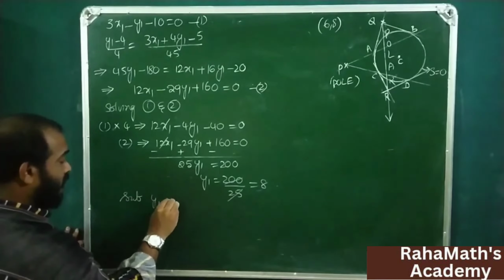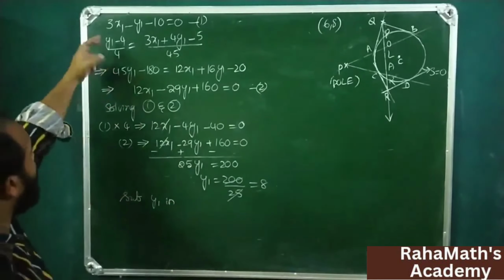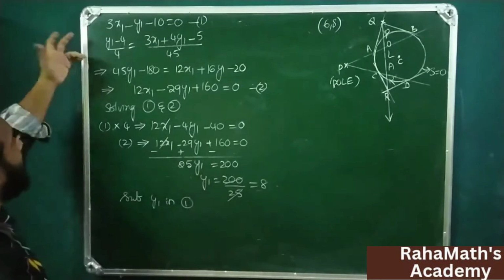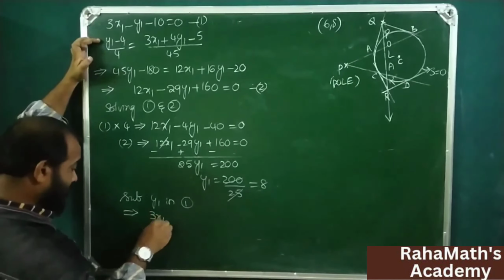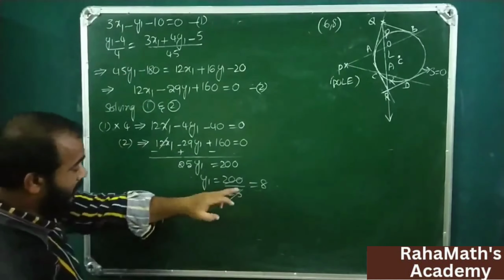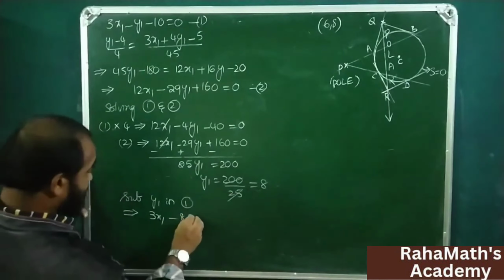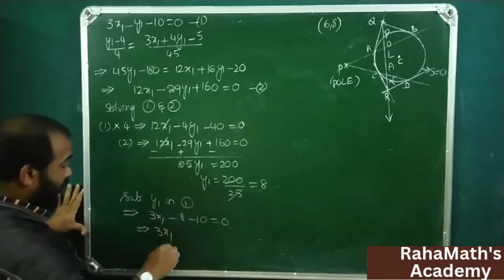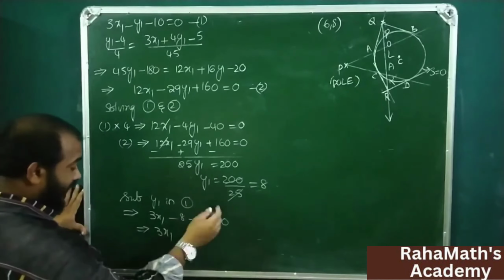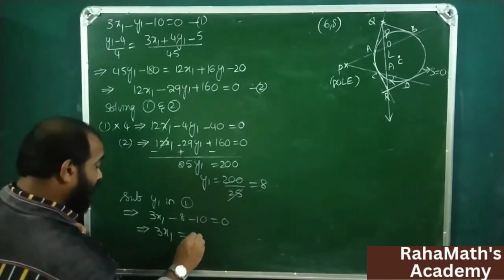So substituting y1 in whichever equation you want, no problem. The first equation I will substitute. So 3x1 minus y1, that is minus 8, minus 10 equals 0. So 3x1 minus 18. If you take that side, plus 18.